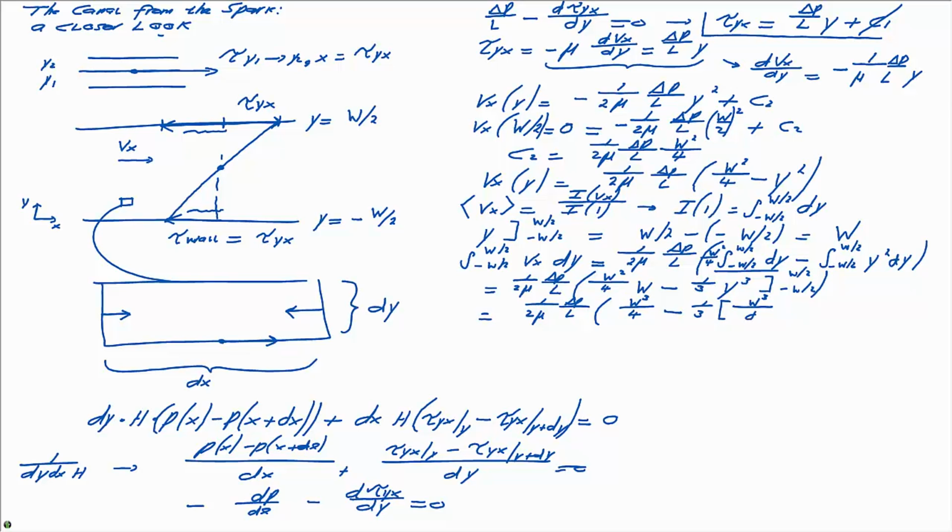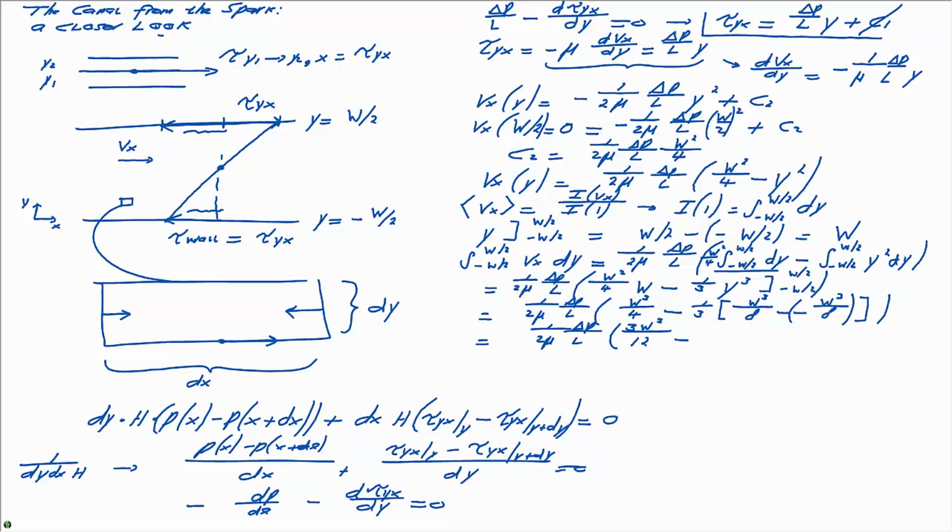2 to the power of 3 is 8. Minus W to the third. This is twice W to the power 3 divided by 8.